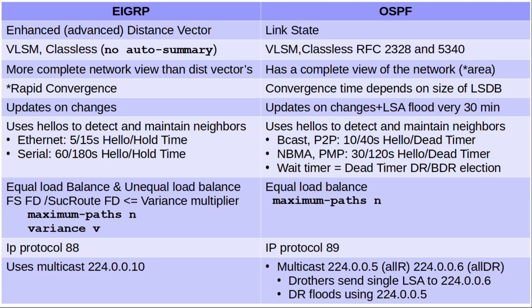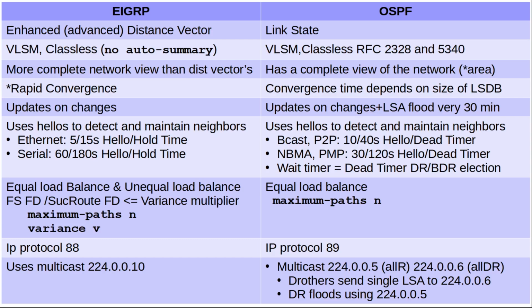Then there is how the protocols see the network, how fast they offer convergence time, how they update information, and what the hello times are. For EIGRP, the dead timer is known as hold time, and for OSPF, the dead timer is usually 4 times the hello time and has a wait timer that is used only for DR and BDR selection.